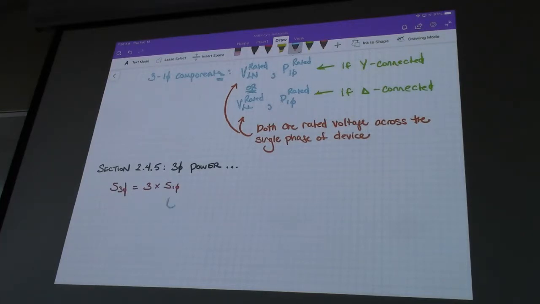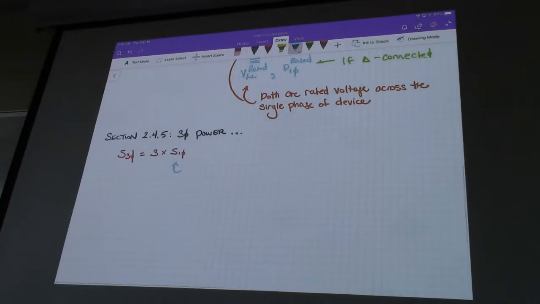Where this can be calculated as V I cosine of the power factor angle plus j V I sine of the power factor angle. And this is equation 2.34 from the book.